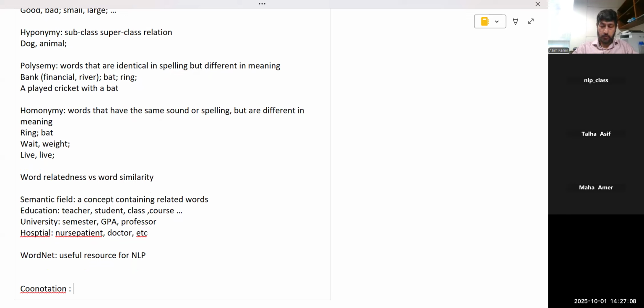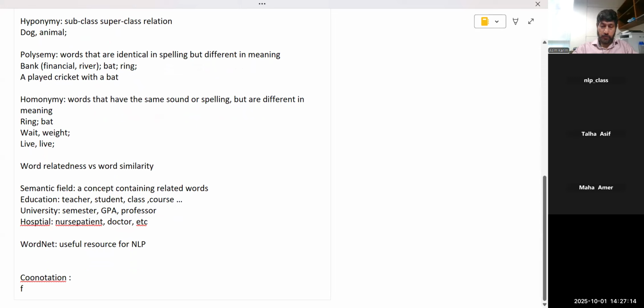For example, a word like forgery: what connotation does this word convey? Is it a positive connotation or a negative connotation? This will give you a negative connotation.